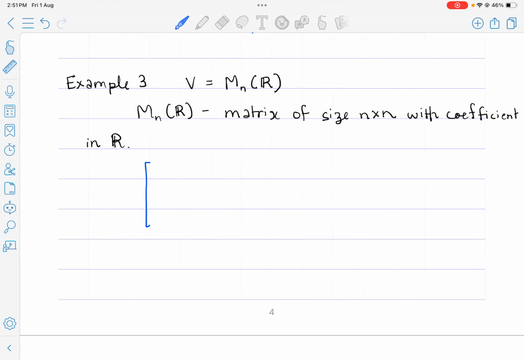Let's say this one is one matrix of size 3 cross 3, and this one is another matrix.